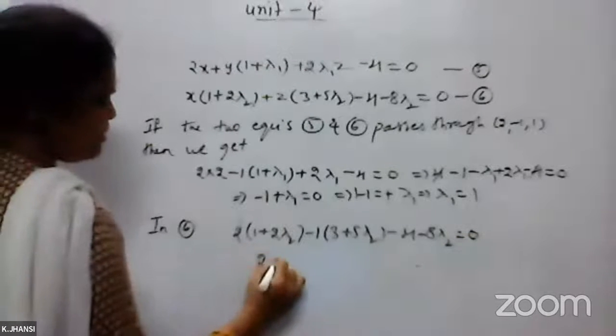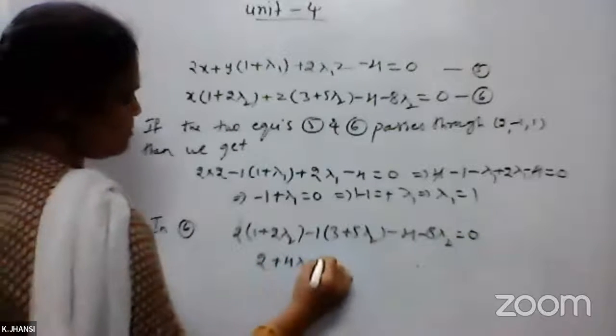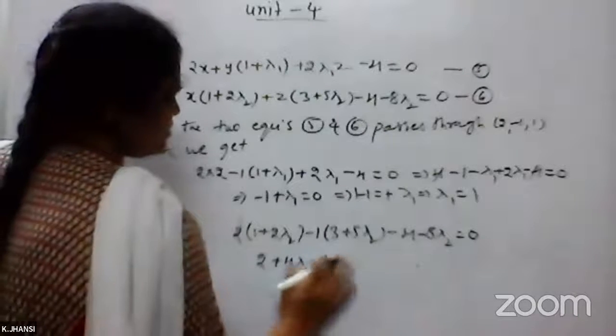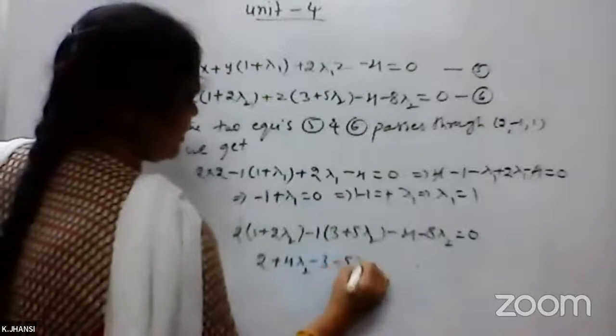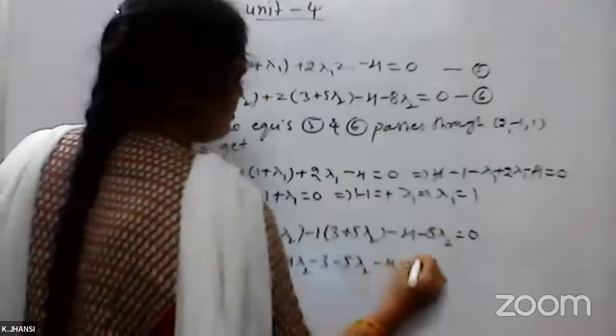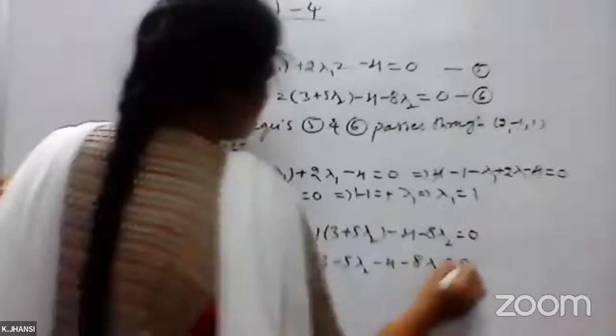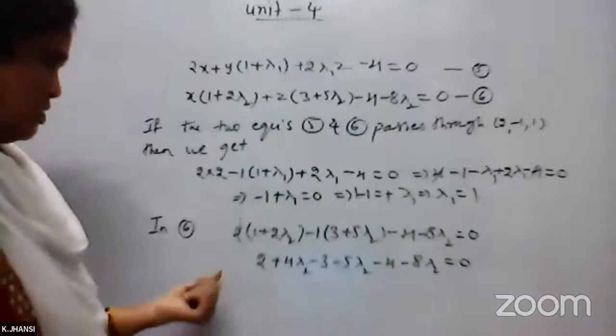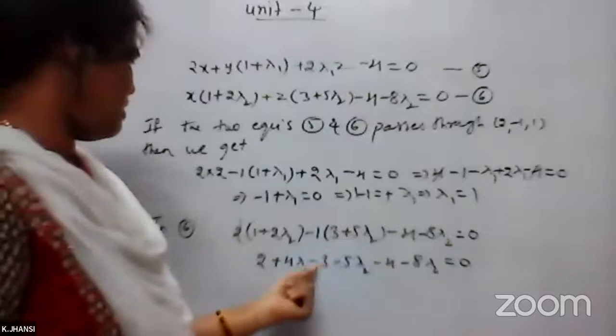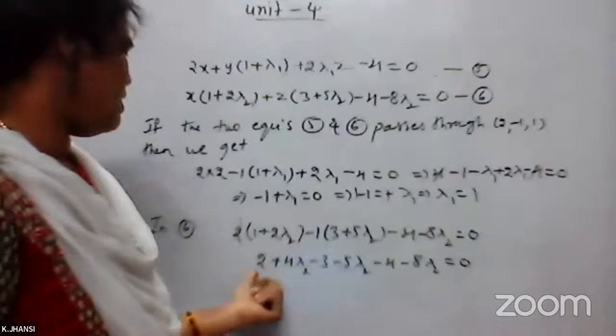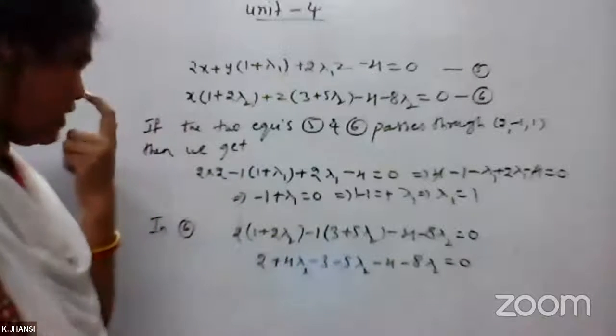So it was 2 plus 4 lambda 2 minus 3 minus 5 lambda 2 minus 8 lambda 2 equals 0. So minus 4 is there, means minus 7. So you'll get minus 5.